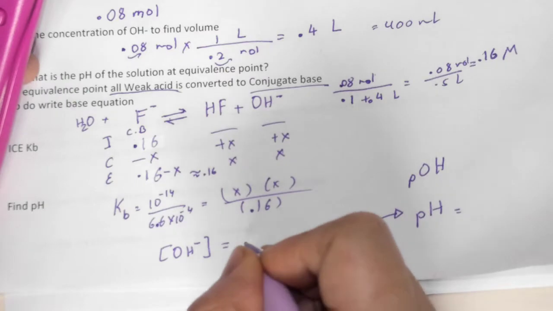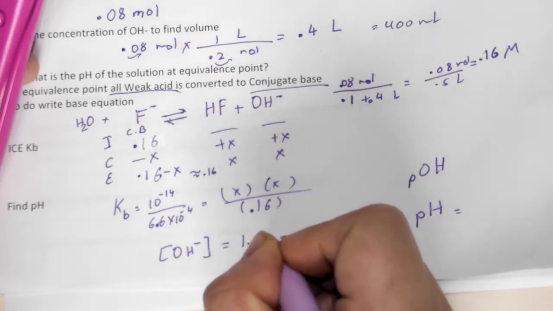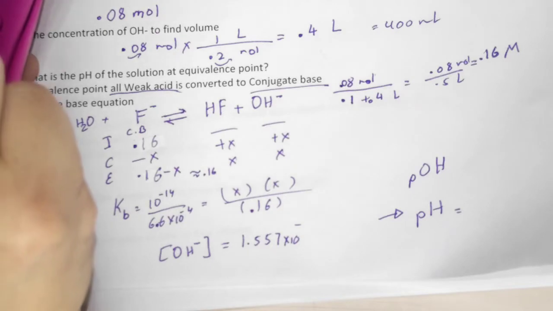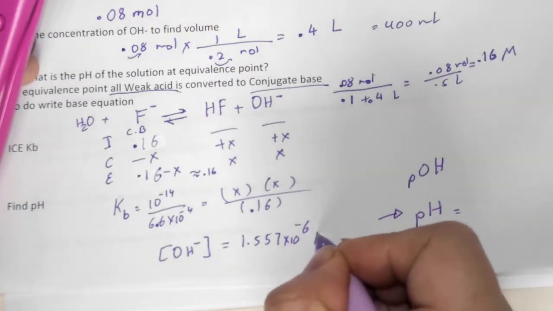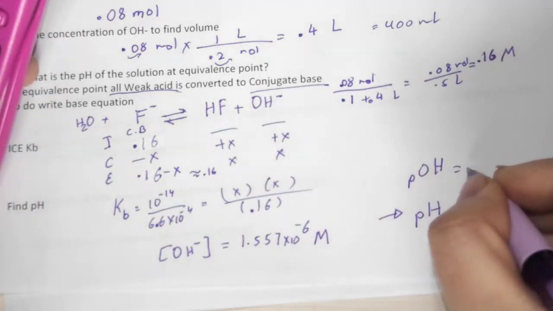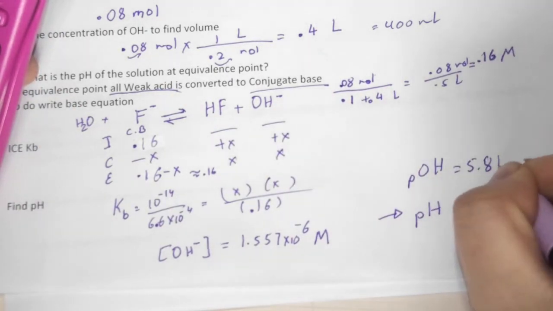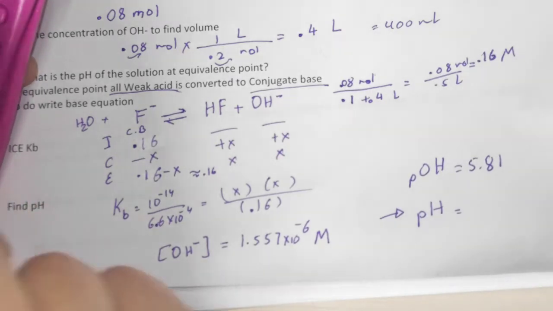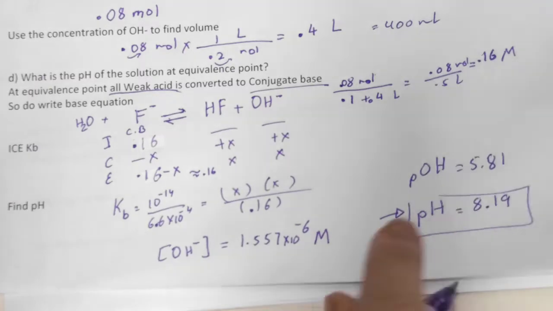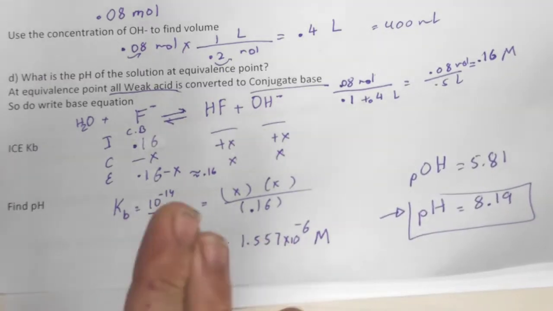So we're going to get 1.557 times 10 to the negative 6. Don't forget molarity. I'm going to take the negative log of that. That is my pOH. Don't forget that, it's not pH yet. Not until you do 14 minus, and then you get 8.19. That's my pH.